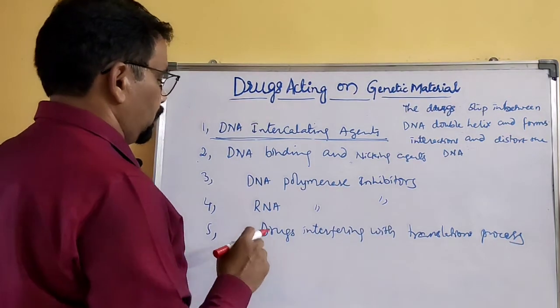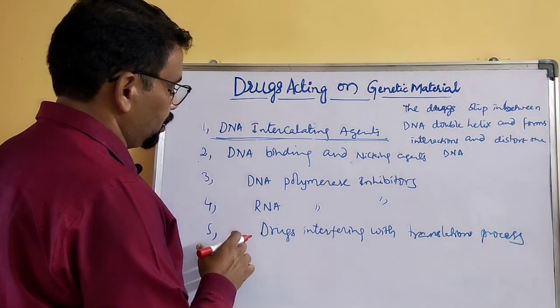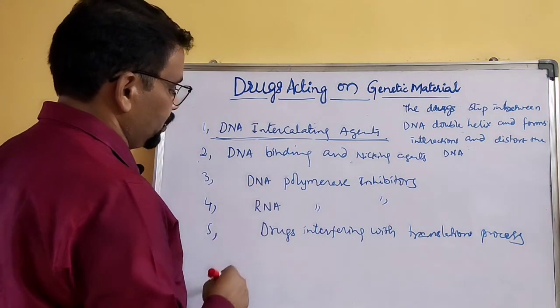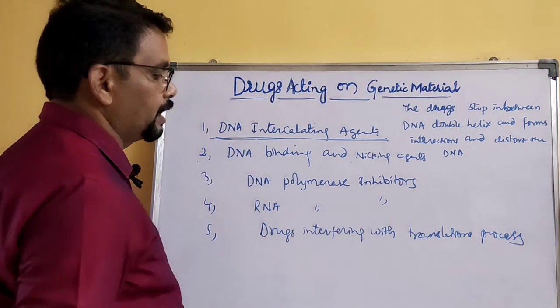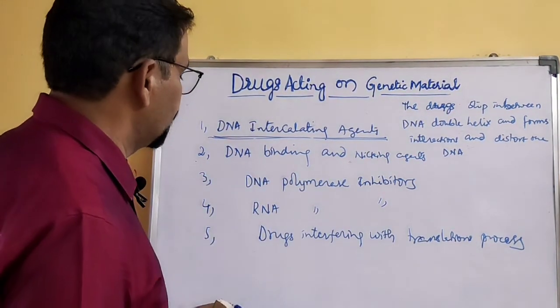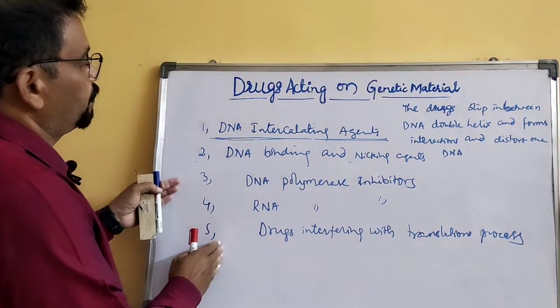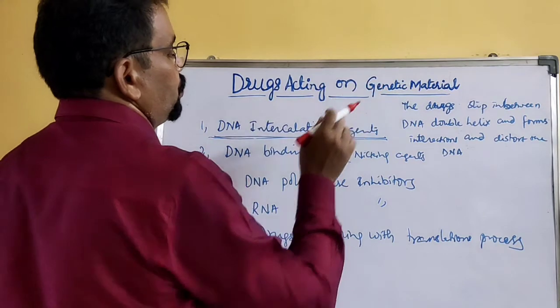I'll give examples for each in the next classes. And finally, drugs interfering with translation or transcription processes. So these are the 5 kinds of classification of drugs acting on genetic material.